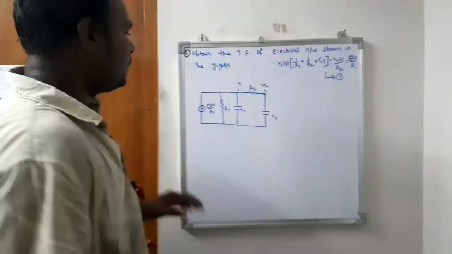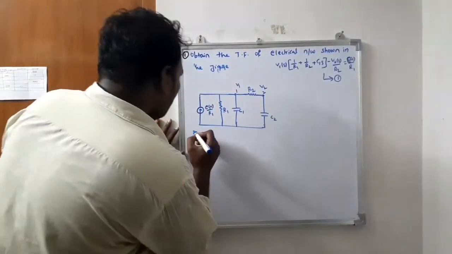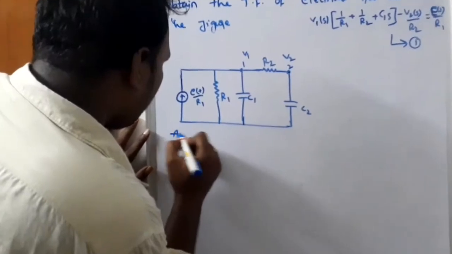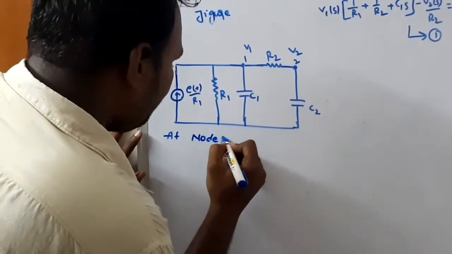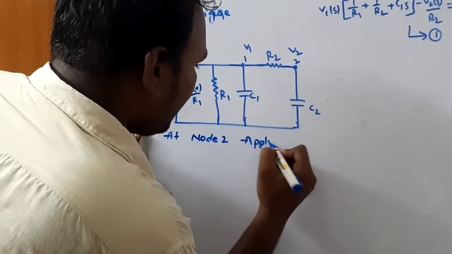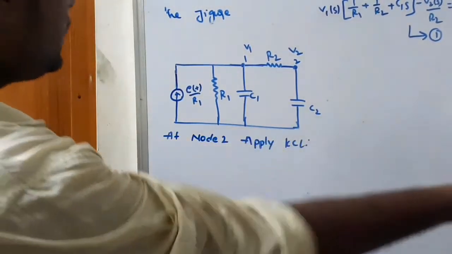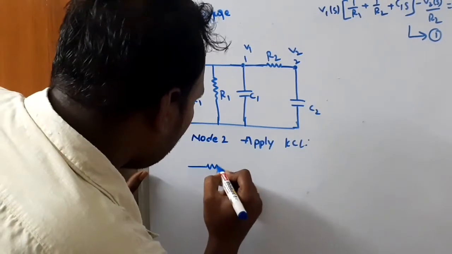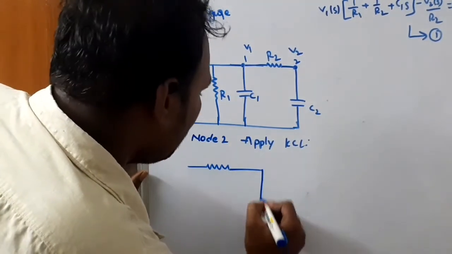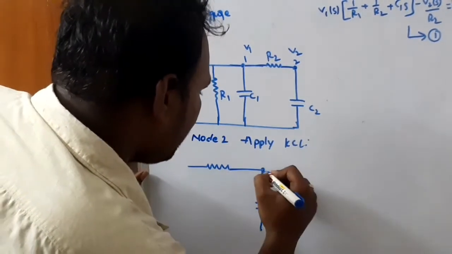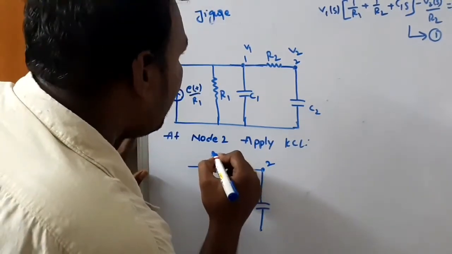Now at node 2, this is node 2. At node 2 apply KCL. So what are the things present at node 2? See here, a capacitor at node 2 and here R2.